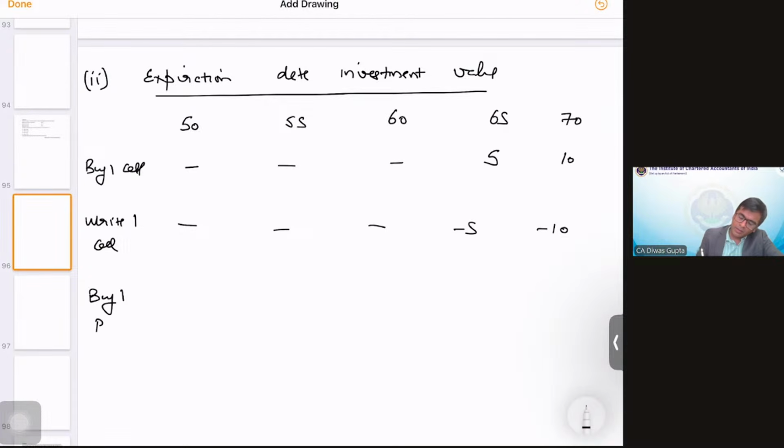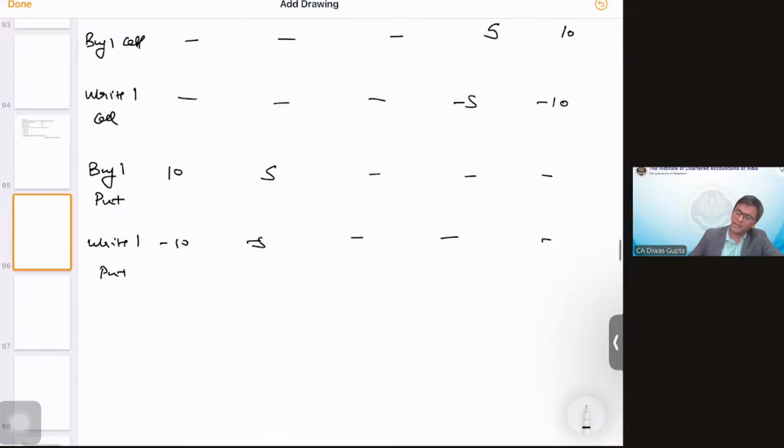If we are buying one put, lower prices will mean higher value of the investment, right? The value will go higher. So that means plus 10, plus 5, nil, nil, and nil. Correct? Because of the put option. Right? One put option, minus 10, minus 5, nil, nil, and nil.